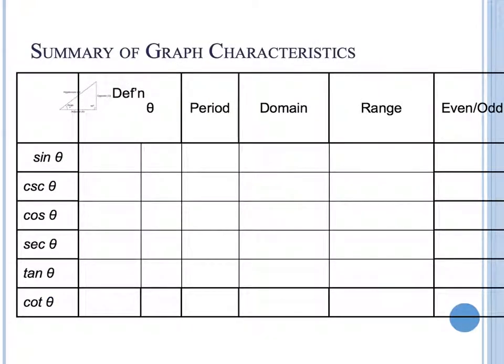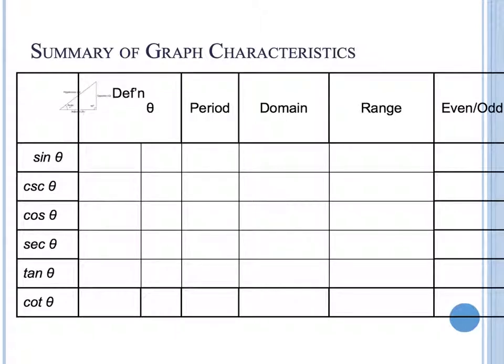So this table here is trying to summarize all of the characteristics of our 6 trig functions to help us keep in mind which graphs go together.